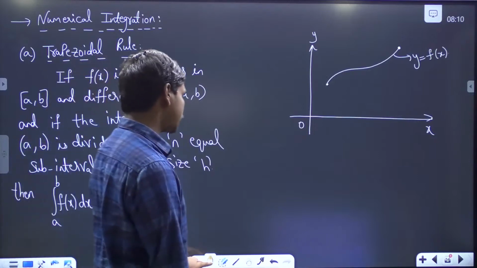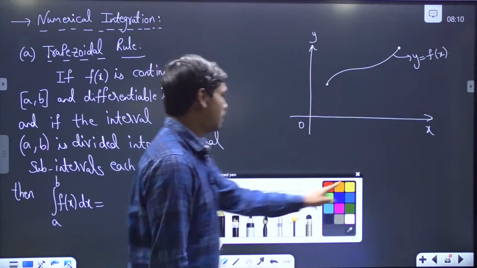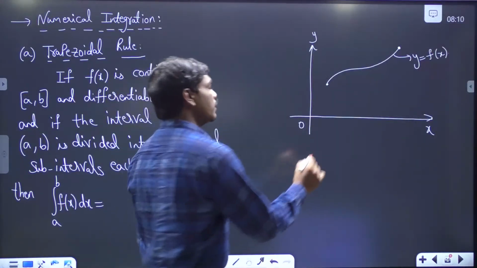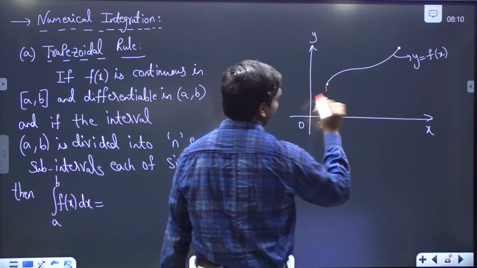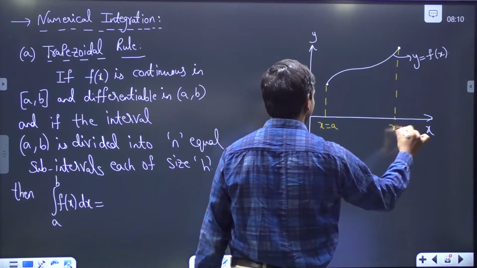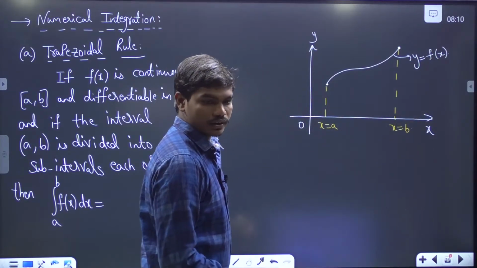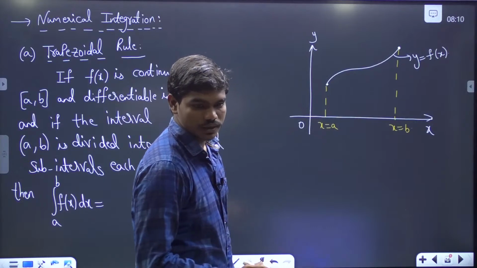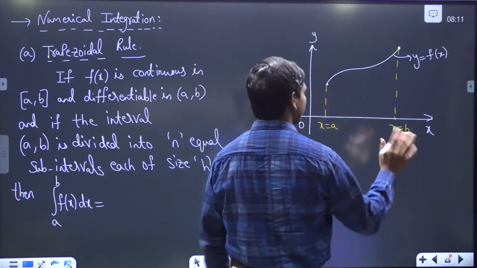Good, Usha, I think you have some memory which is not available for all of us. Now, this value is x is equal to a, and this value is x is equal to b. Subramaniam, you are also writing the formula, but that's not xn's, it's yn's actually.